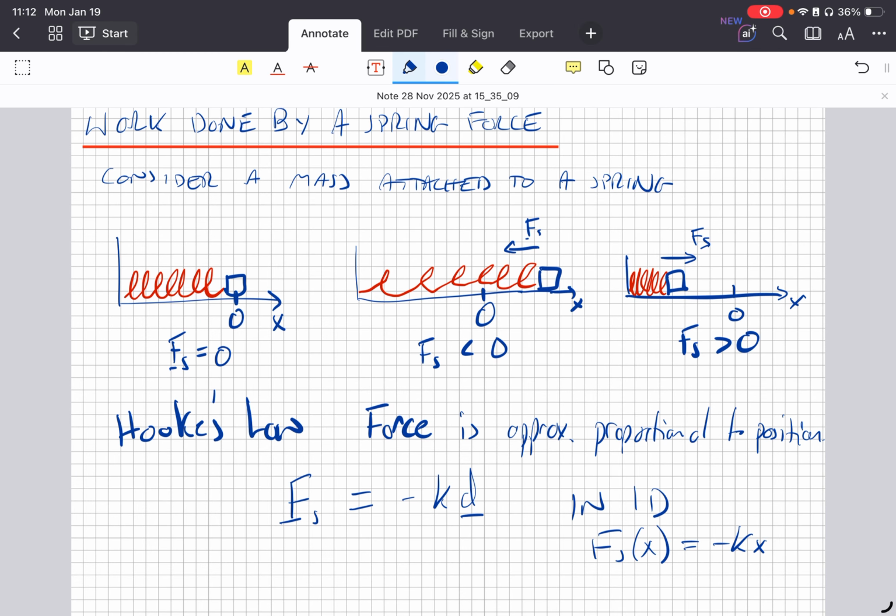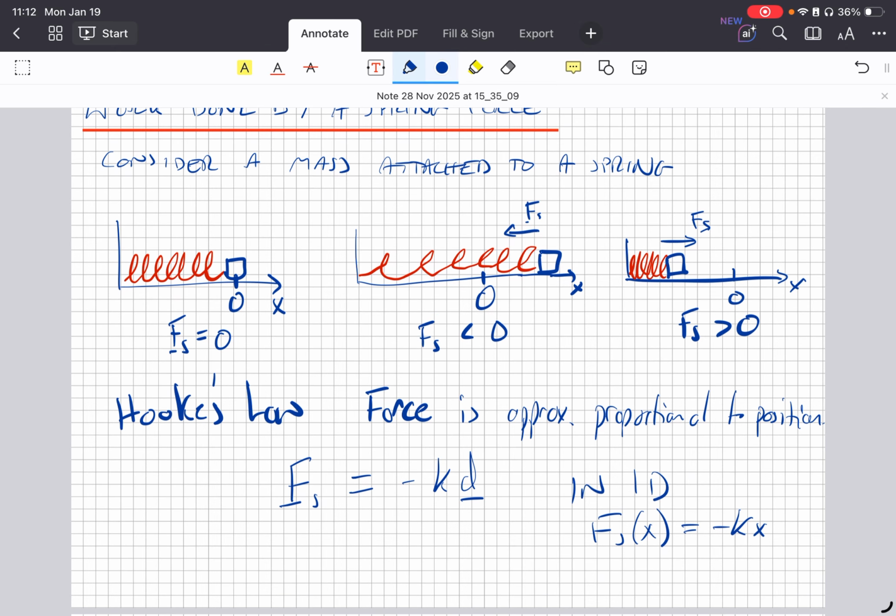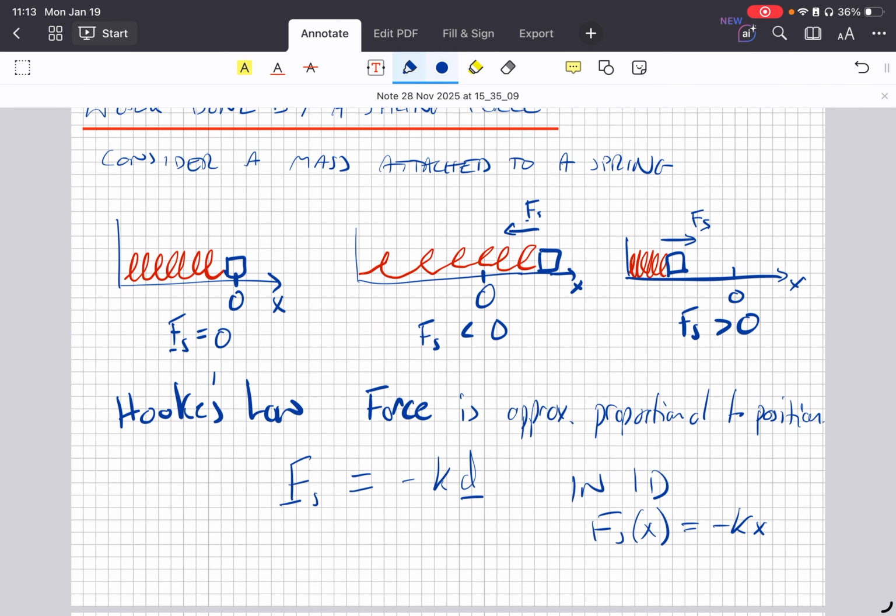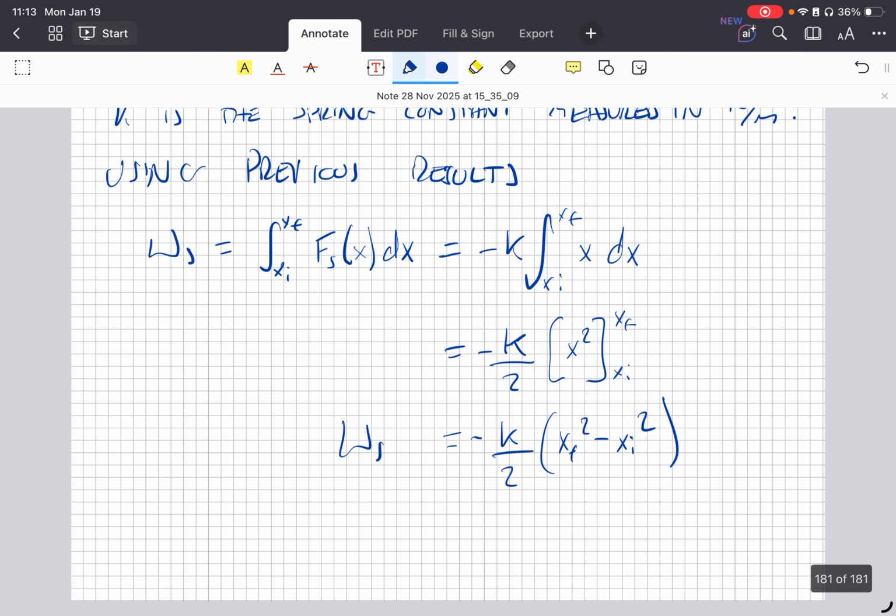Or, of course, I could do that much more quickly. It doesn't actually matter. The work done only depends on the position. It doesn't depend on the path taken to get there or on the velocity. So just note that this work depends only on initial and final positions.